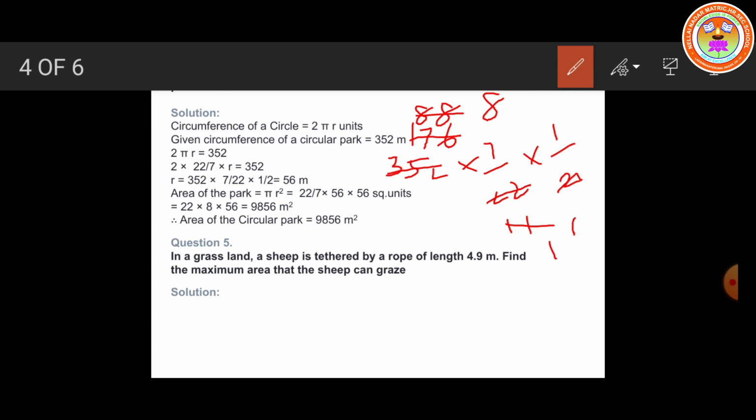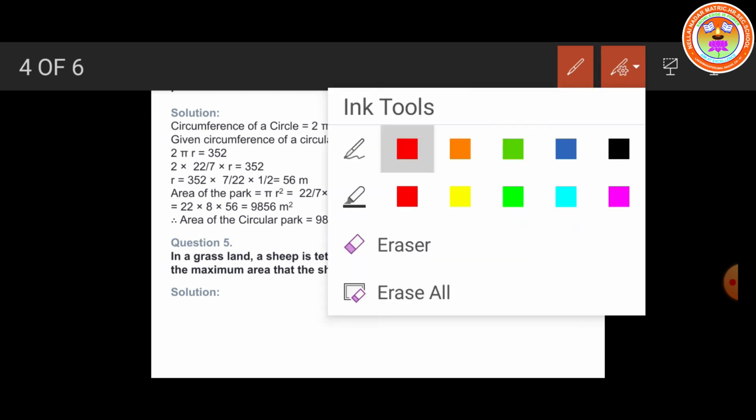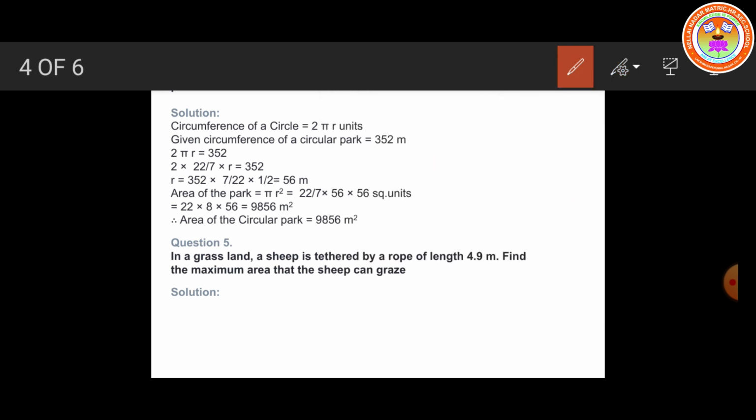Then 56 cut, you have to put 8. Next 22 multiplied by 8 into 56. We multiply and get 9,856 meters square. Therefore the area of the circular park is 9,856 meters square.